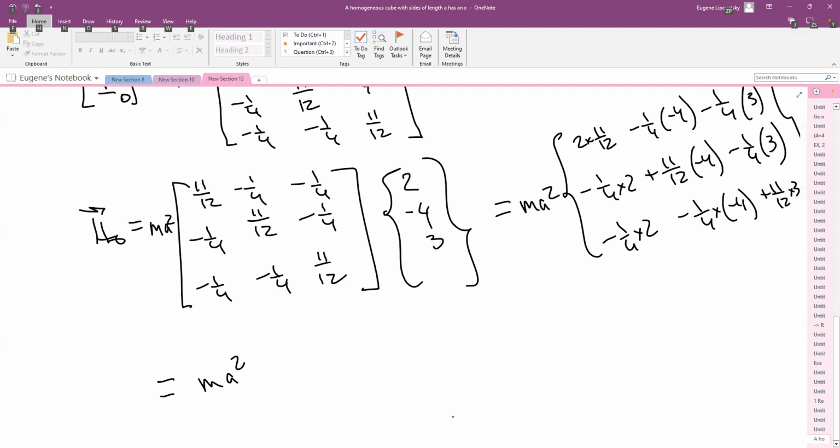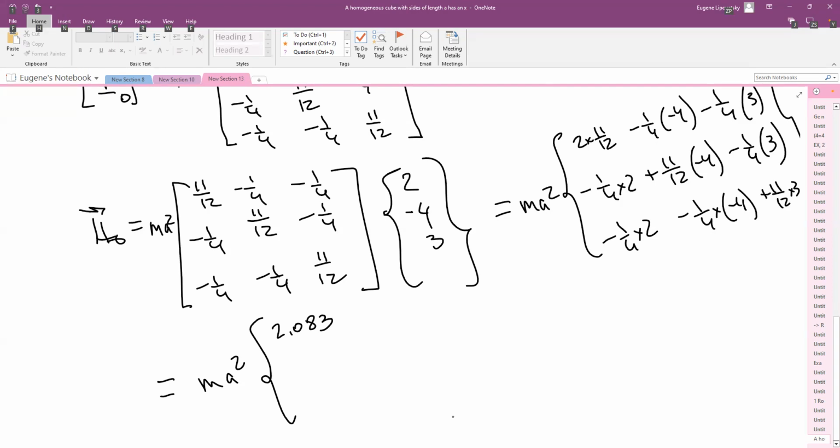Two times 11/12 plus 1 and minus 3 divided by 4. This will be 2.083. Then minus 0.5 plus here minus 0.5, minus 11 divided by 3 and minus 0.75.